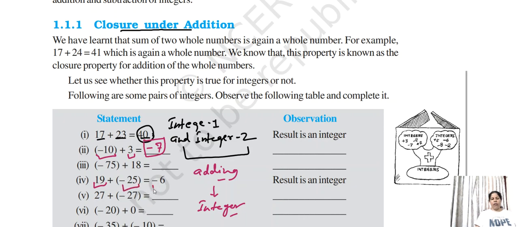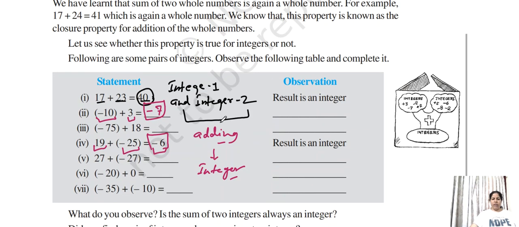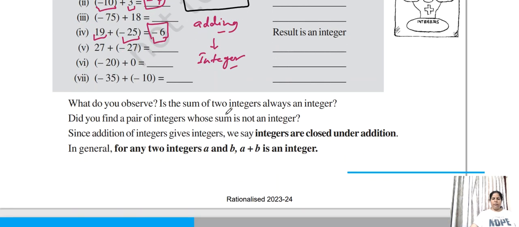Finally we are getting -6, and this is also an integer. Okay, so we can say that when we are adding two different integers, positive or negative, whatever, we are getting a final number which is again an integer.